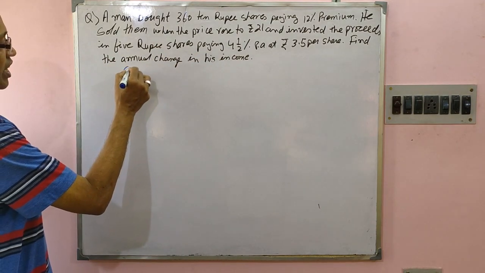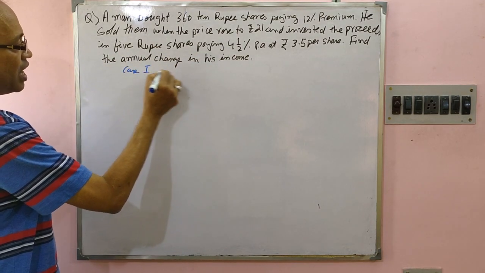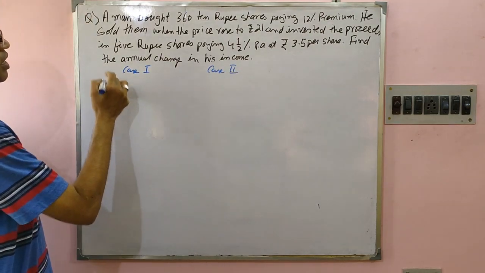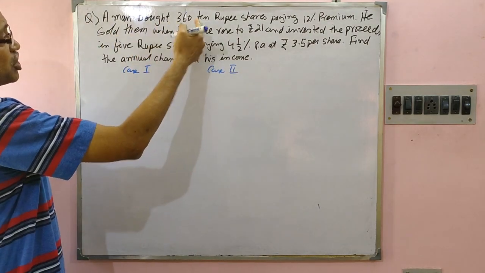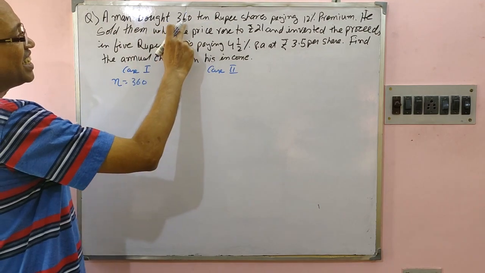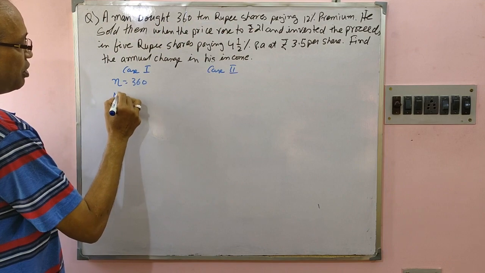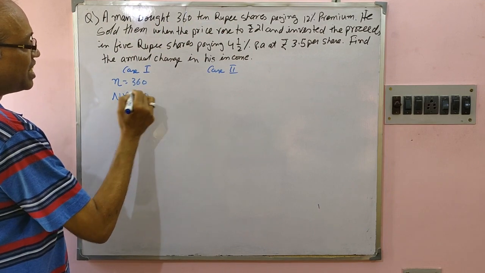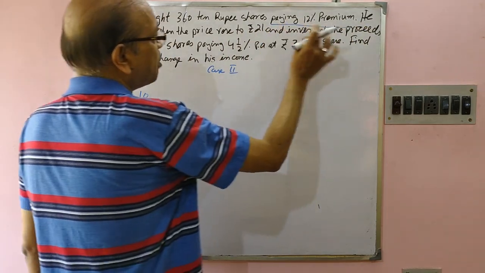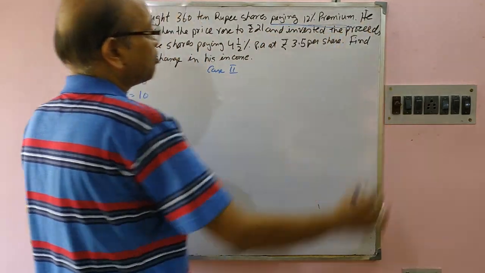So case 1 and case 2. Here man bought 360, that means number of shares is 360, 10 rupee shares, nominal value is 10, paying 12% premium. What do you mean by paying 12% premium?